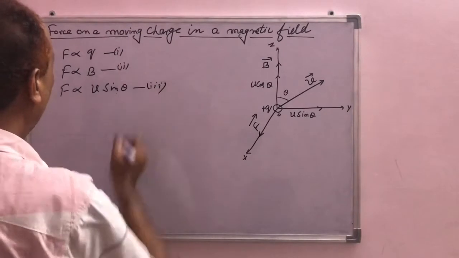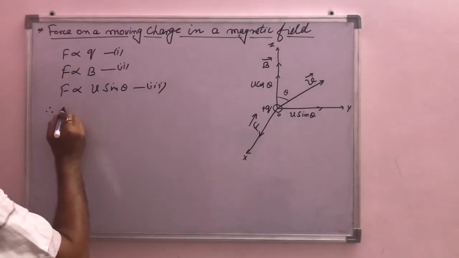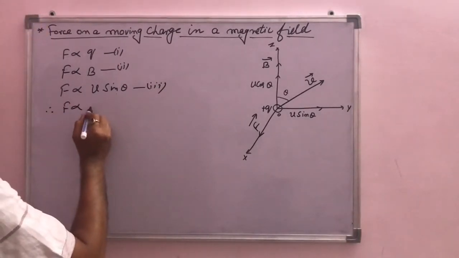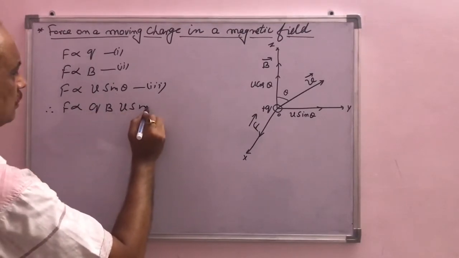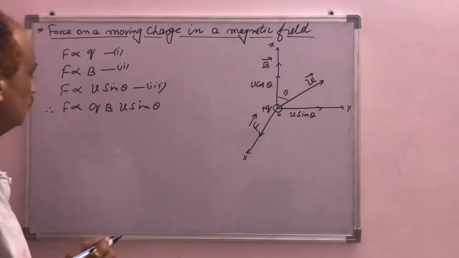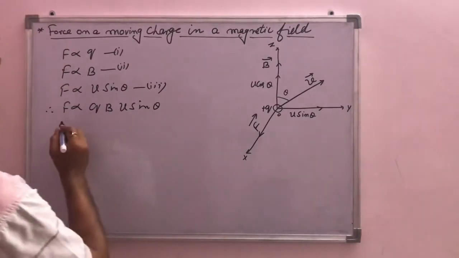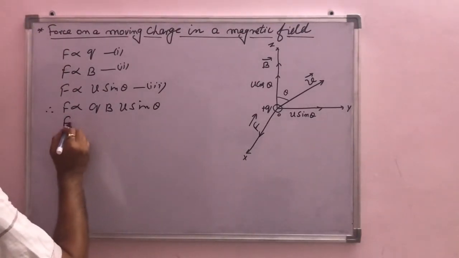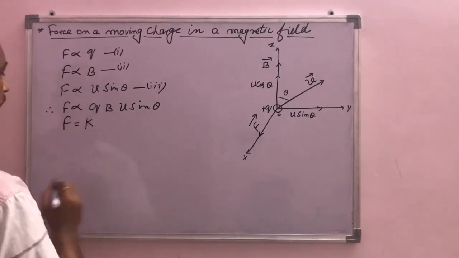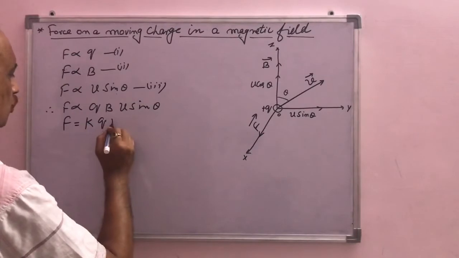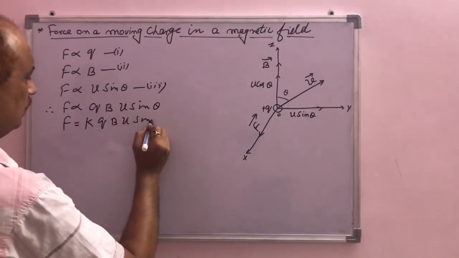Now combine all these three equations, and we get F proportional to q B v sin theta. If we remove the proportionality sign, we have to write some constant, say k. So F equals k q B v sin theta.